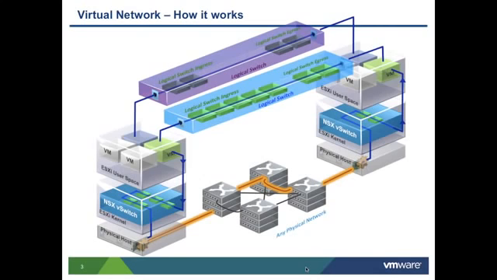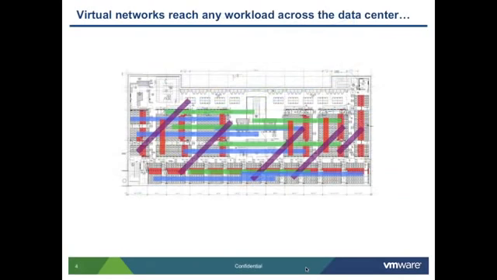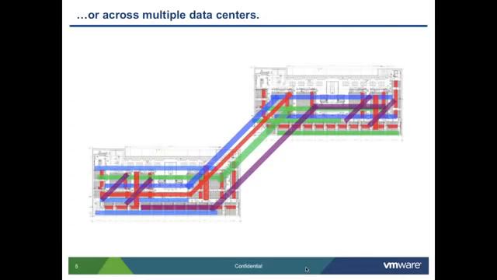So, for example, you could deploy virtual dev, test, and production networks all at the same time, all with the same IP addresses, and all on the same physical infrastructure, allowing you to utilize any available compute within a single data center or across multiple data centers, and repurpose generalized physical infrastructure on demand by eliminating the need to manually reconfigure and troubleshoot VLANs, ACLs, and firewall rules in the physical network.